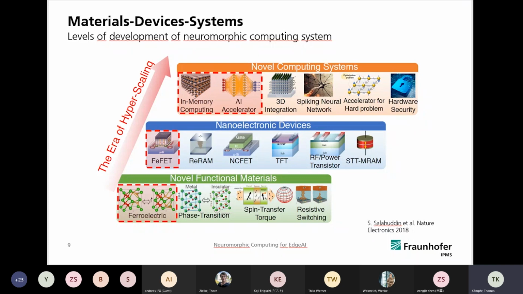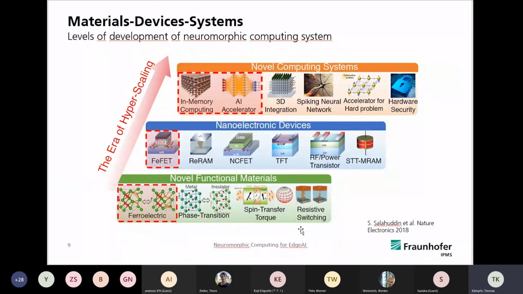On the materials level, novel materials are currently investigated featuring ferroelectric properties, phase transition or metal-insulator phase transitions, spin transfer or spin orbit torques, as well as resistive switching, with the target to reach a large range of memory states inside them.